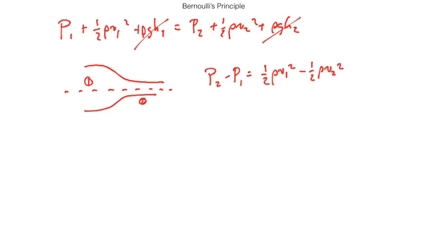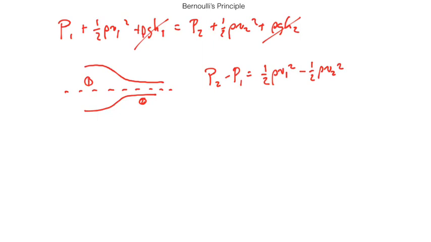So what can you tell me about the pressure in part 2 compared to part 1? It's less, it's smaller. The difference in pressures is negative. I'm comparing 2 to 1, which means that 2 must be smaller than 1.